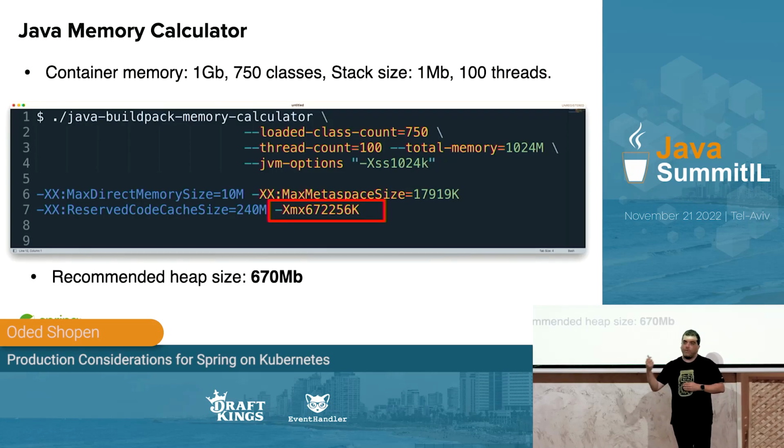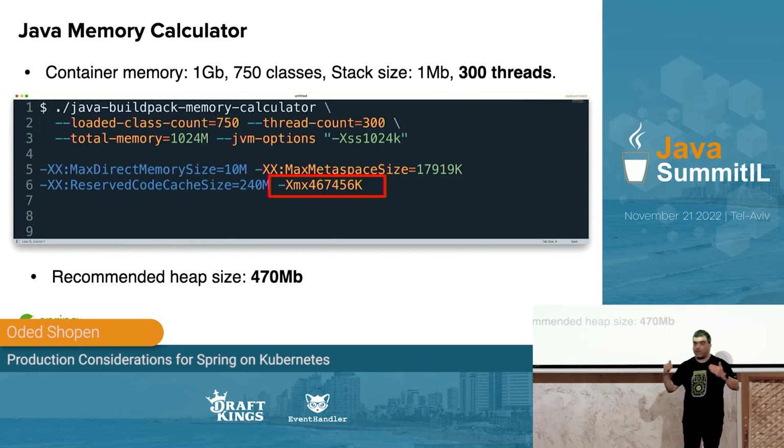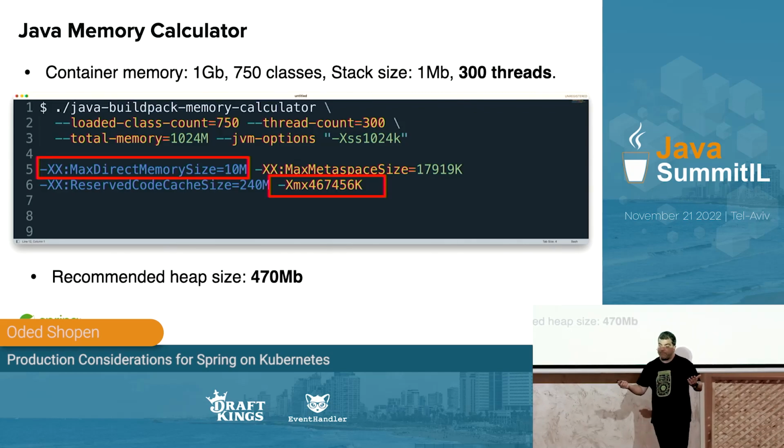Now let's say I need to introduce another Tomcat into my application, which takes another 200 threads. Well, now, because each thread takes more from the heap, suddenly my heap size is down to 470, okay? And if I'm changing things that are related to direct memory, if I'm using NIO, Kafka, all of these applications that really take memory not from the heap, but from the non-heap memory, then I can change that parameter, because the tool can never understand in general how it's done.